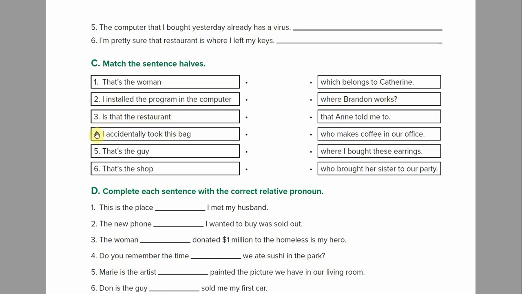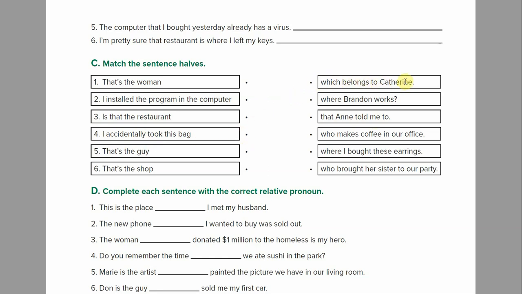All right. So number four, I accidentally took this bag. So bag, we're looking for a thing. So this is that or which. I accidentally took this bag that Anne told me to. Or I accidentally took this bag which belongs to Catherine. So it's this one. I accidentally took this bag which belongs to Catherine.